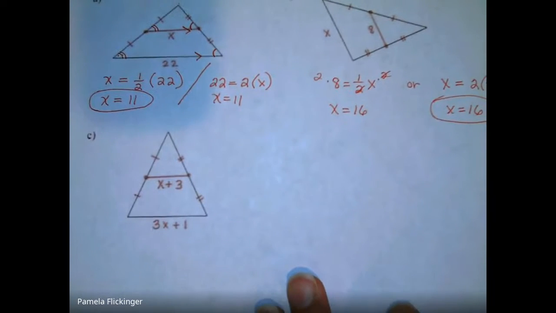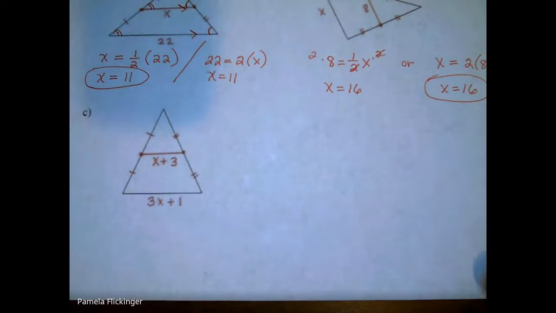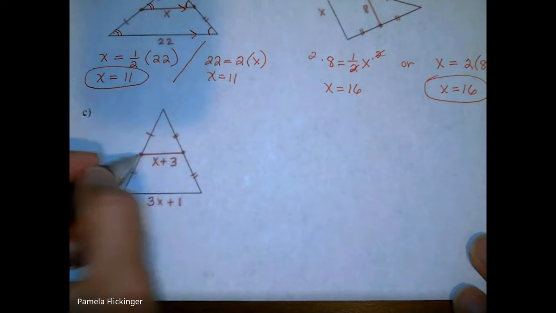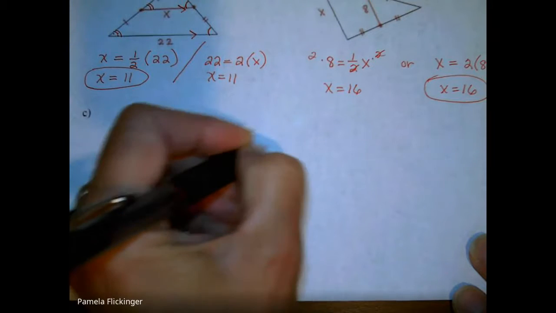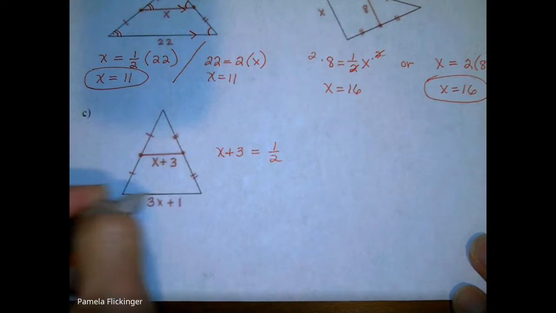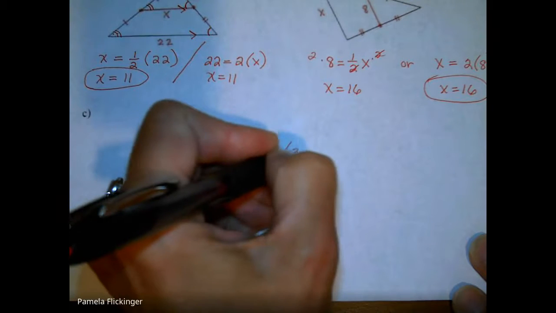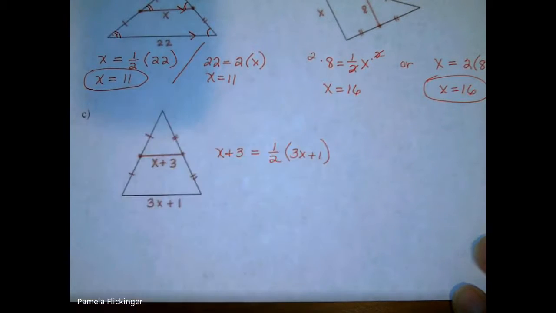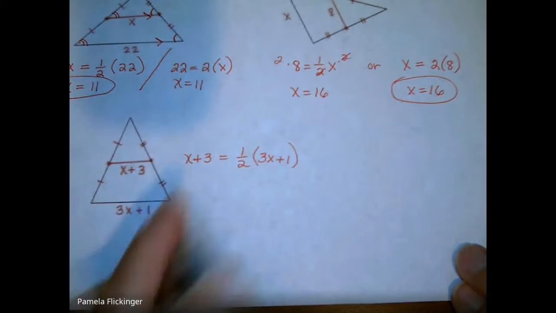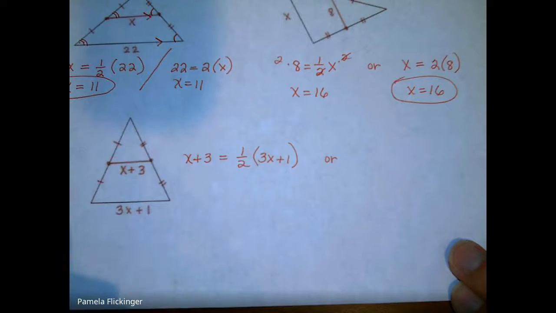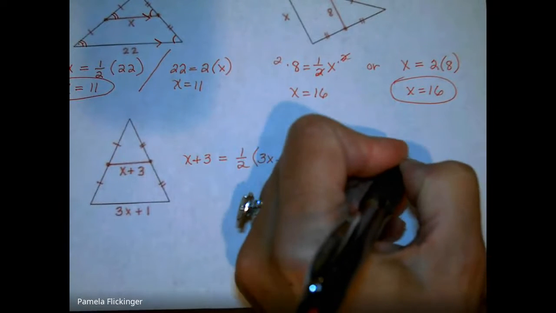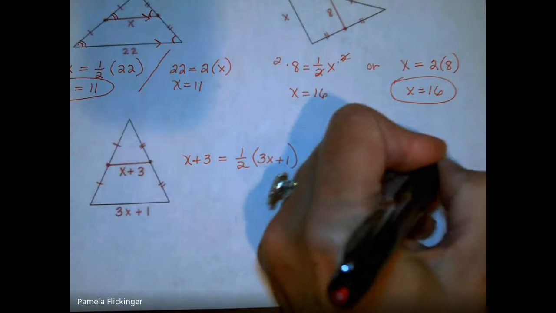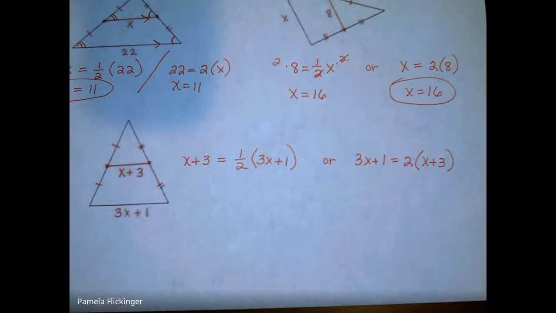So in example C, again, the midsegment, which is x plus 3, is half of the third side, the longer side. That's one equation you could set up. Or the longer side, 3x plus 1, is going to equal double the midsegment.